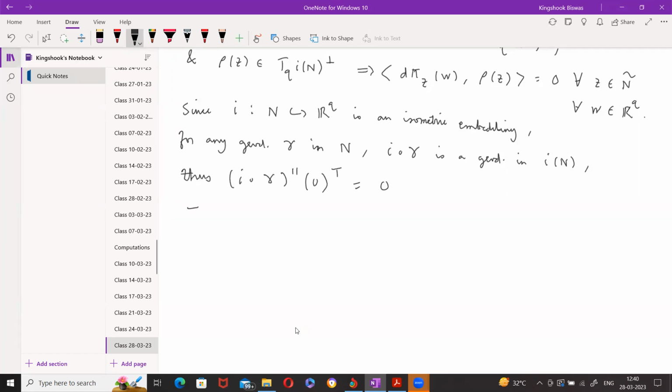So this implies that I compose gamma double prime belongs to the orthogonal complement to the tangent space to the submanifold.